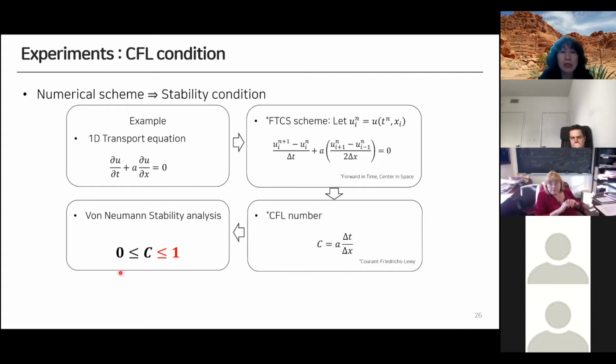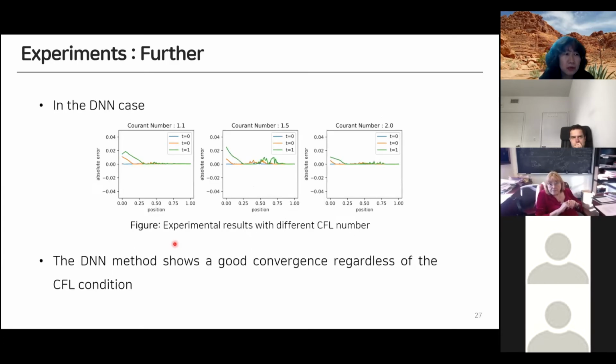This is a well-known fact for the explicit finite scheme. However, as you can see, the new DNN approach shows good convergence results regardless of the CFL condition.